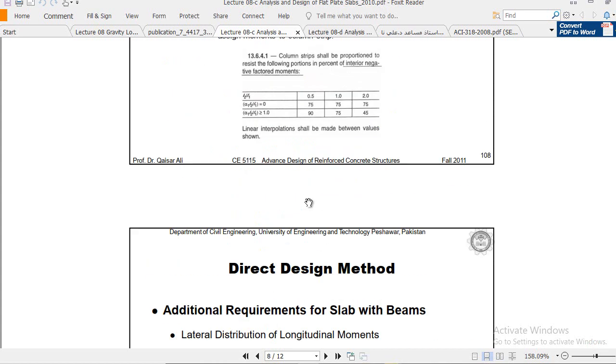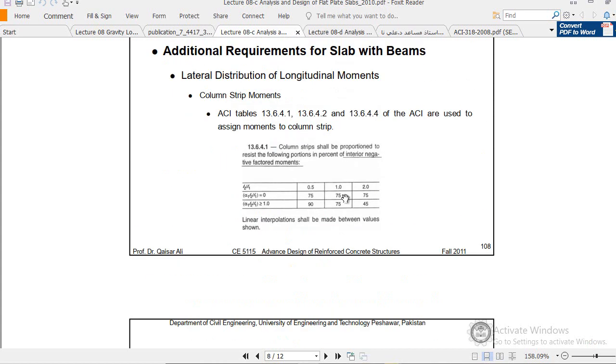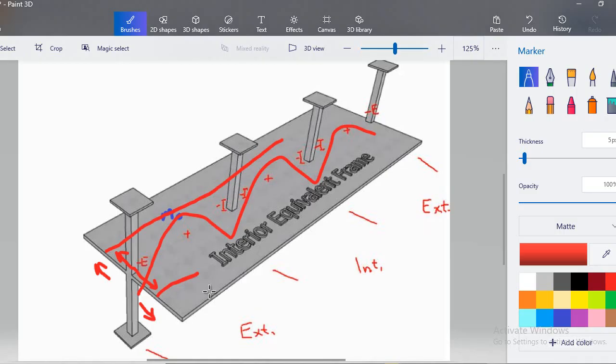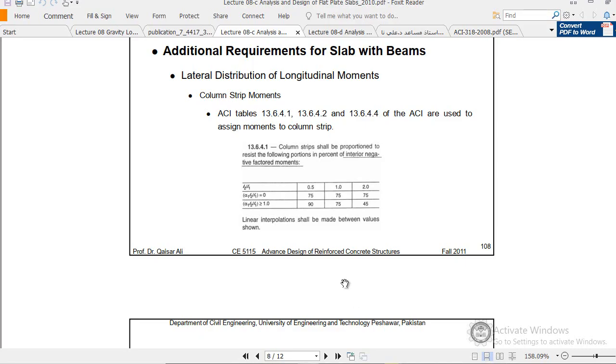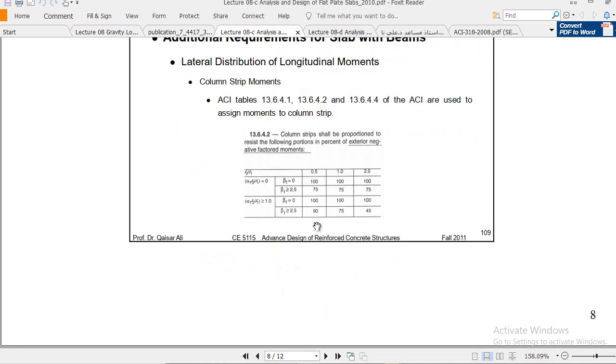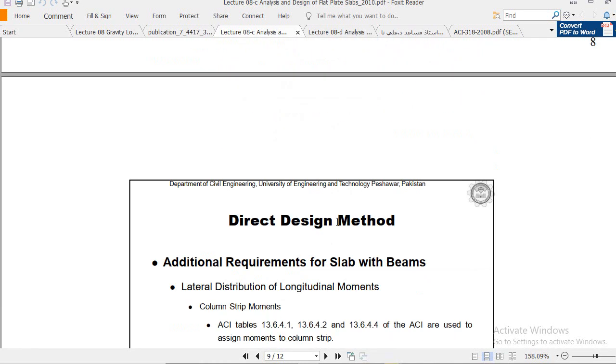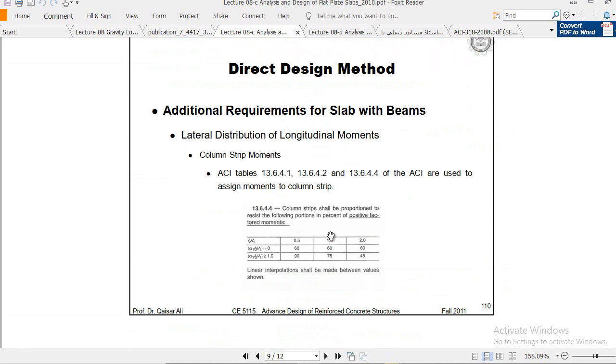If you are going to distribute the interior negative moment, you need to use this table. So this is for interior negative moment, this is for exterior negative moment, and this one is for positive moment. Clear?